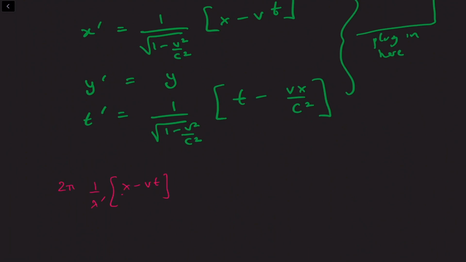I will just put a factor of gamma over here, where gamma is 1 over the square root of 1 minus v squared by c squared, plus, times cosine theta prime plus y divided by y sine theta prime divided by lambda prime plus gamma times the frequency prime times t minus vx over c squared.